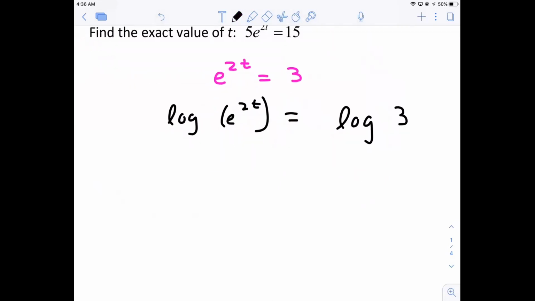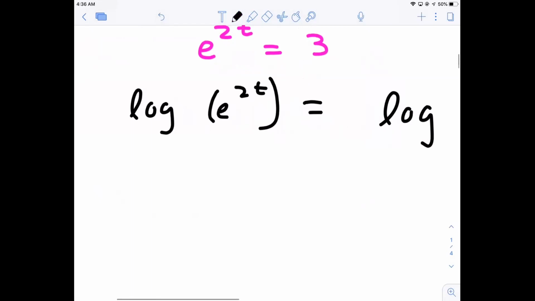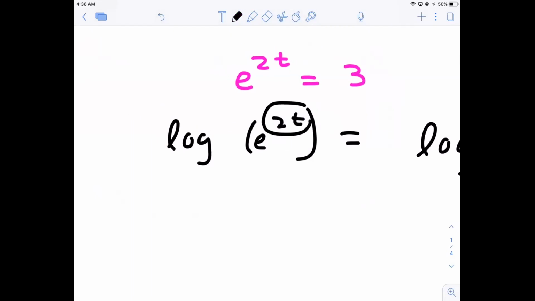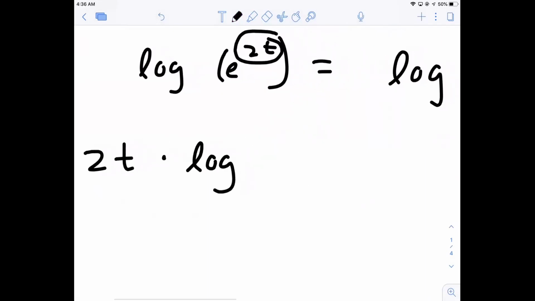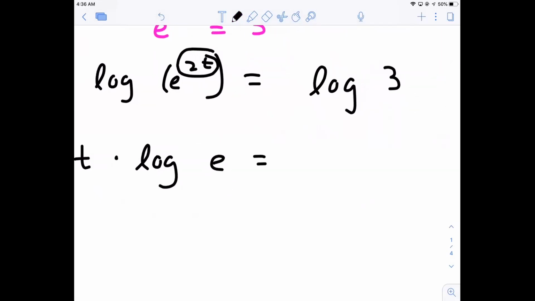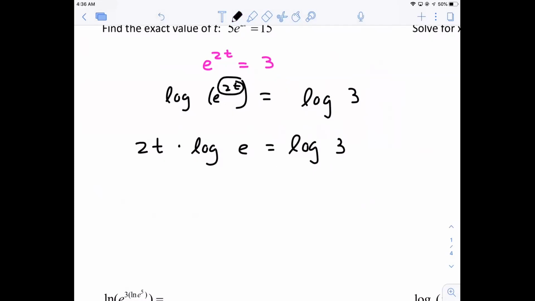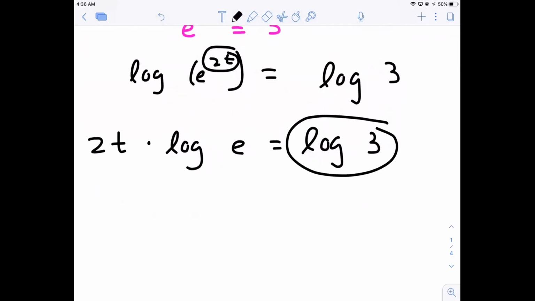Now we can use our log rules. Don't we know that we can bring this to the front of our log? So I can say 2t times the log of e is equal to the log of 3. Remember, log of 3 and log of e are just quantities. You can type this into your calculator; it's just equal to a number.